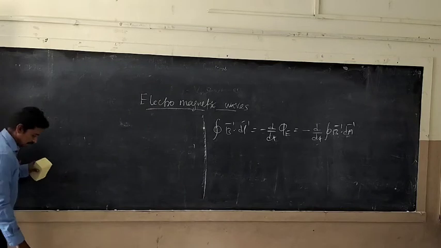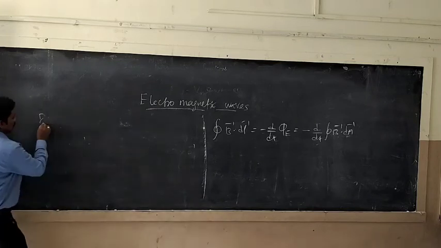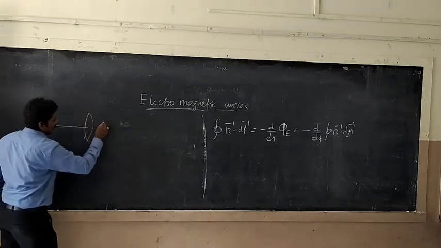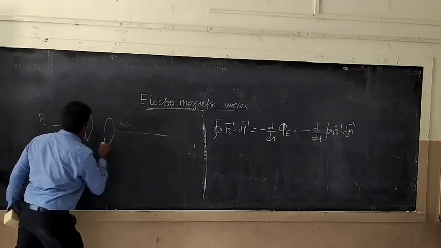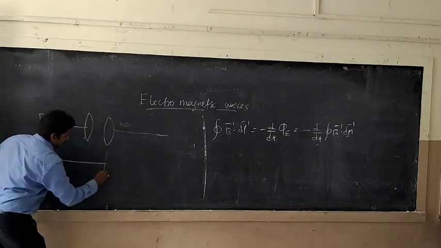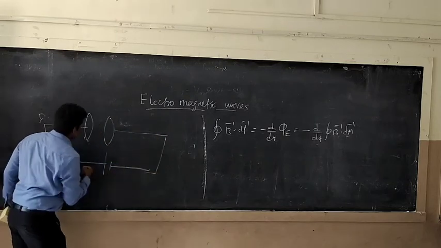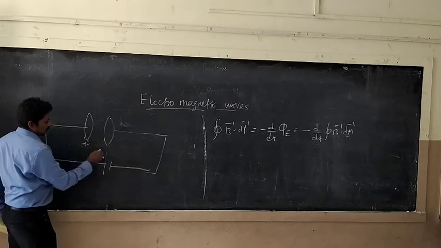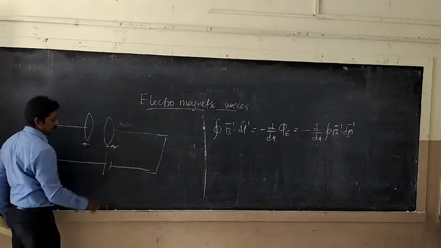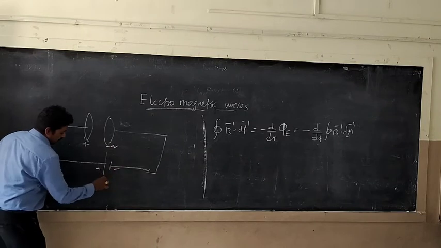This is the diagram for the parallel plate capacitor. This is the positive charge carrying plate and the negative charge carrying plate.